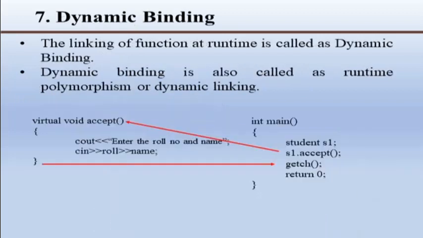Next, dynamic binding. The linking of function at runtime is called as dynamic binding. Basically, dynamic binding is also called as runtime polymorphism or dynamic linking. Dynamic binding means user can call any function at runtime, but which function you want to call will be decided at the runtime.